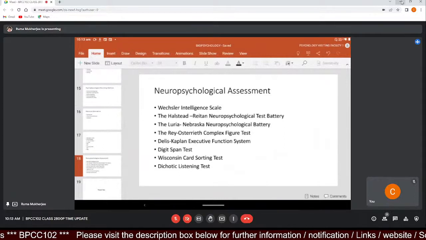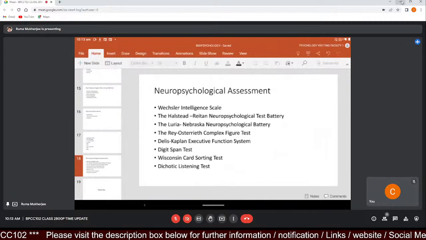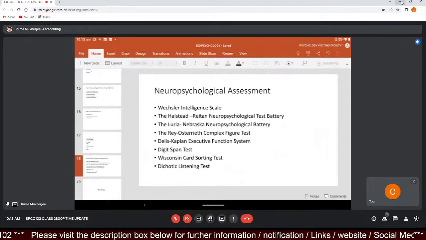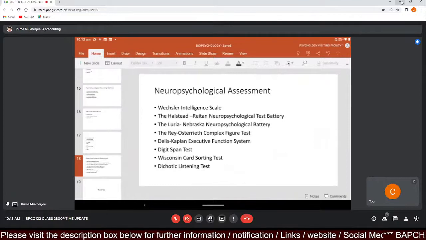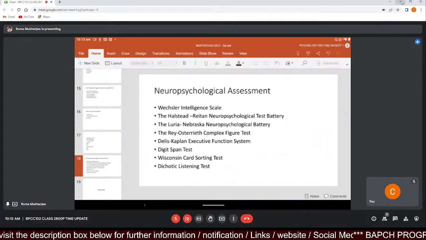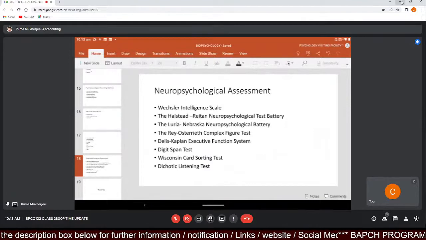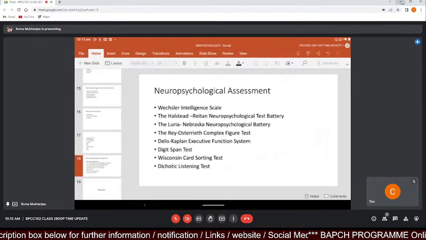The ions are, for example, sodium, that is Na plus, calcium, that is Ca2 plus, potassium, that is K plus, and chloride, that is Cl minus.